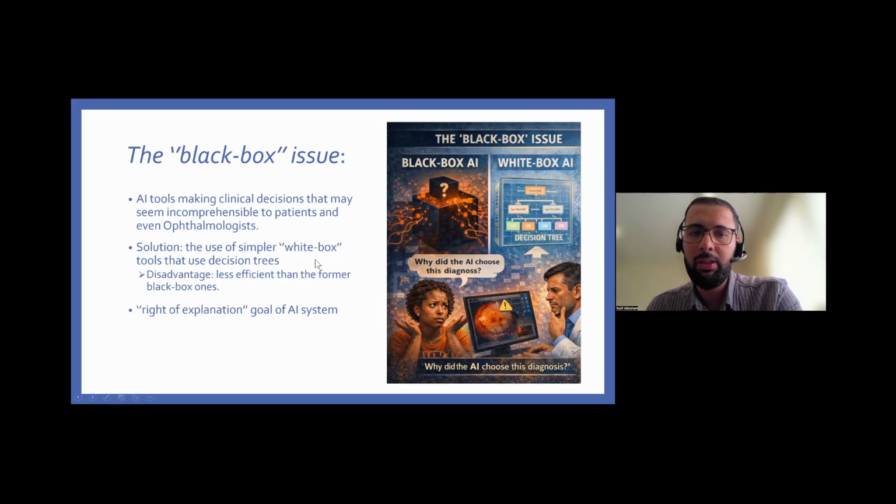To solve that, we can use what we call white box AI tools, where there's a specific pathway that the AI undertakes and gives you to explain how it reached that diagnosis or clinical decision. However, this is less efficient than the black box AI, but at the same time, you have to weigh the risks and benefits. You want to be transparent with your patients about how we come up with that decision, so you achieve that right of explanation goal of AI systems.